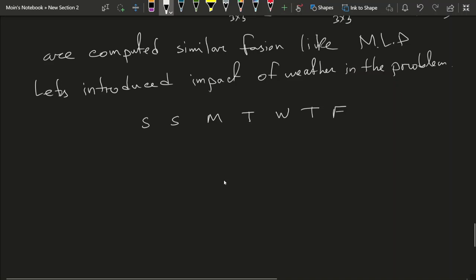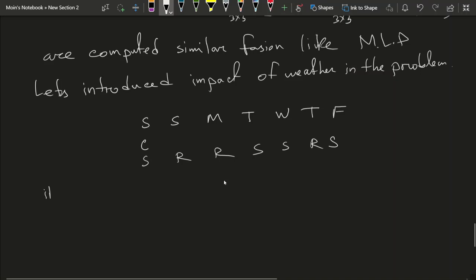For example, on the Saturday, I had chicken, and it's a sunny day. So there is a forecast of sunny, rainy, rainy, sunny, sunny, rainy, sunny. So there is a forecast of weather.